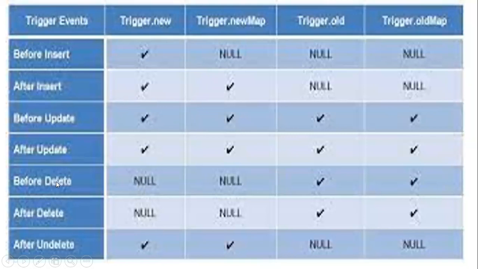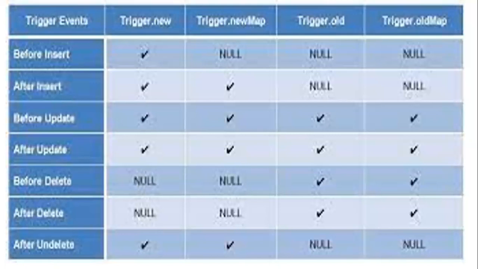Before delete and after delete are quite opposite to before insert. If we already have some data in the Salesforce database, then only do we have a chance to delete that data.